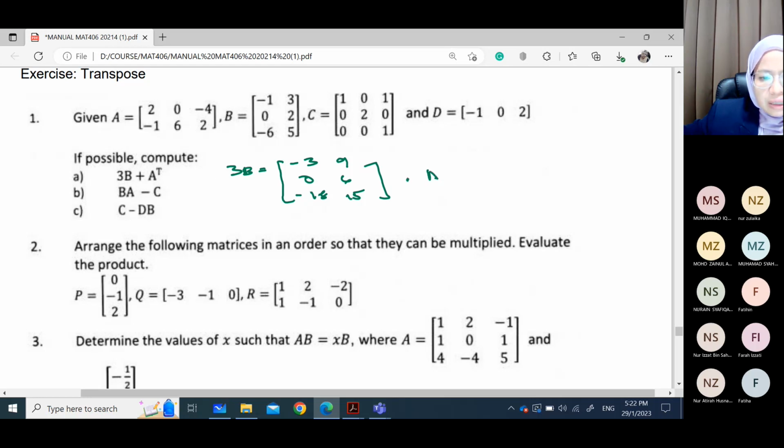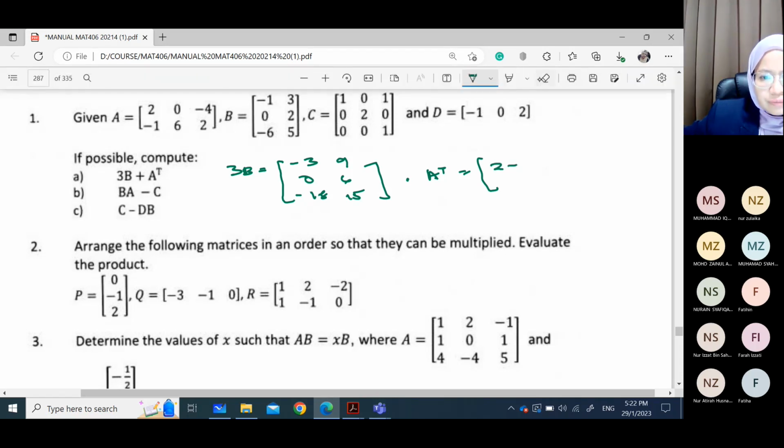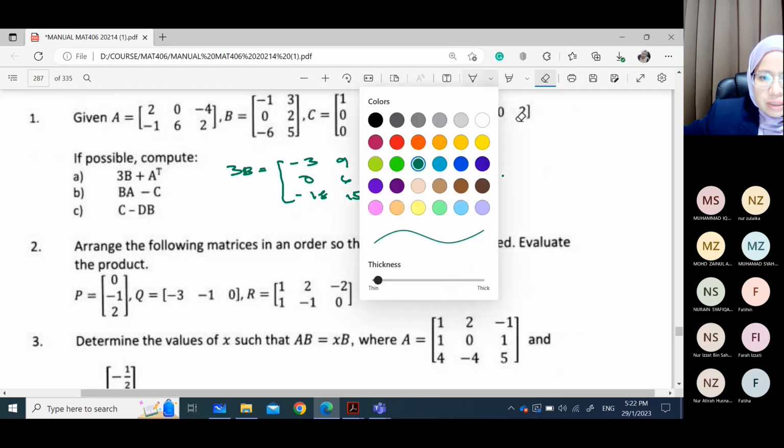Then A. So our A, A transpose is 2, negative 1. Transpose dia, 2, negative 1. 0, 6. Negative 2, negative 1. Ni kolom. Kejap. Dia kalau macam tu keliru sikit.